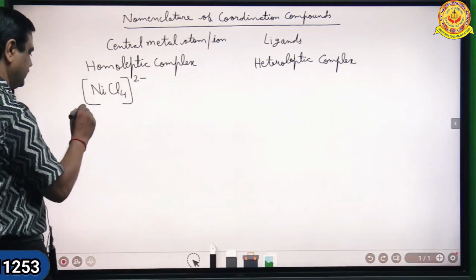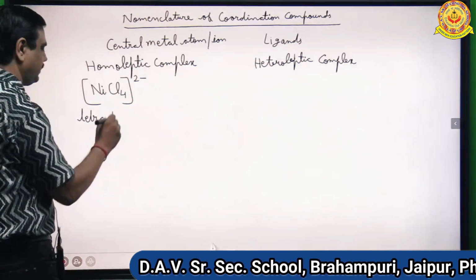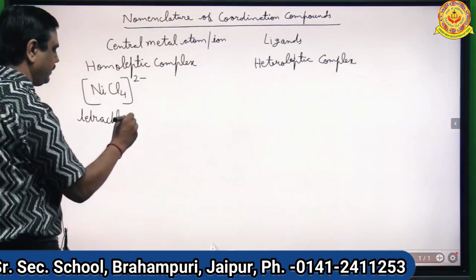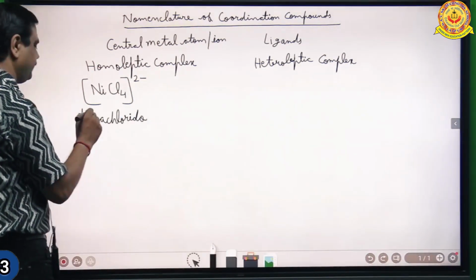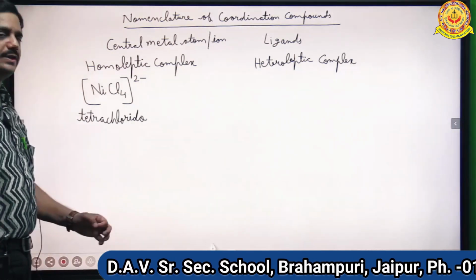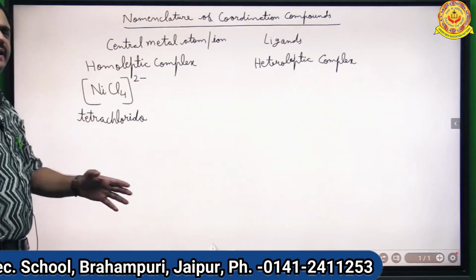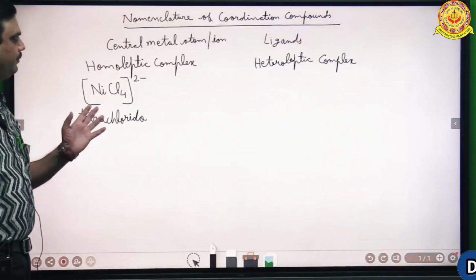4, so tetra, chlorido, and then nickel. Now nickel, the symbol Ni is taken from the English name only, so we do not need to go for its Latin name.